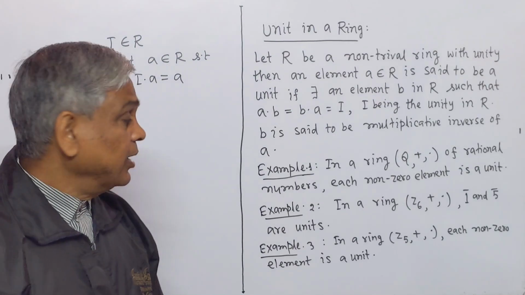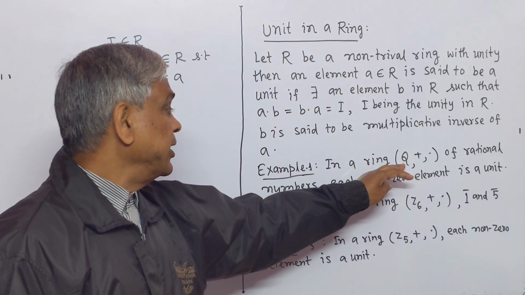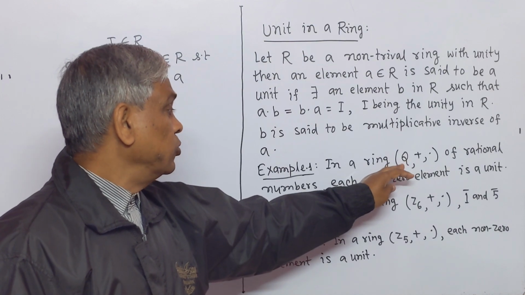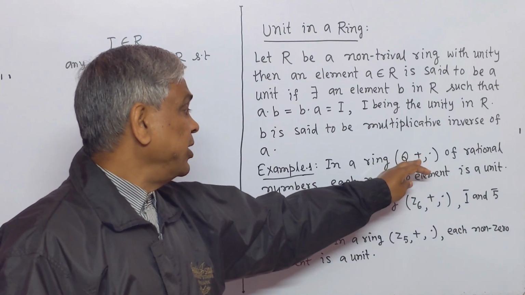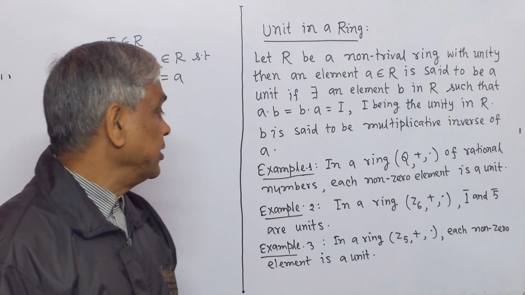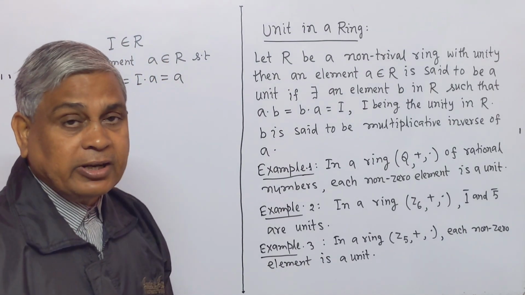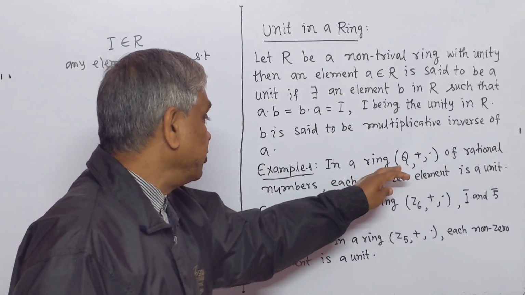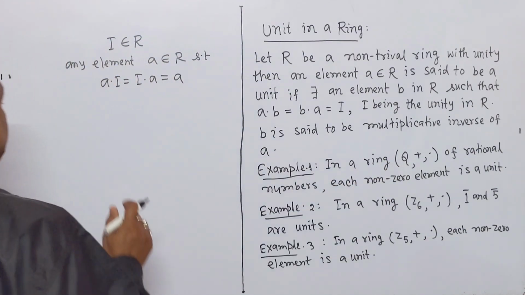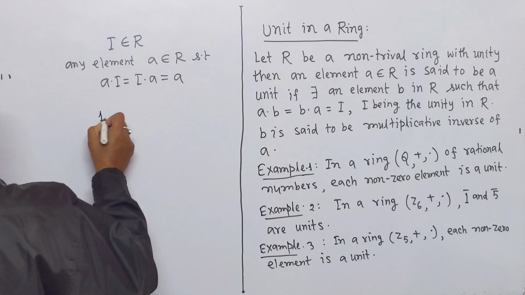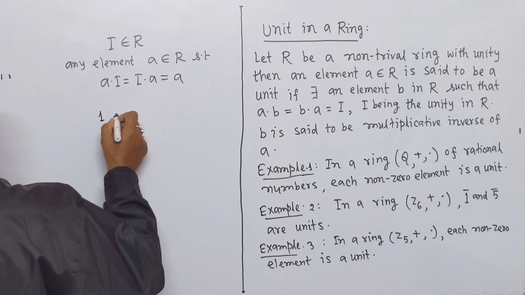In a ring, the set of rational numbers Q with binary operation, addition and multiplication, each non-zero element is a unit. In the set of rational numbers, 1 be unity.